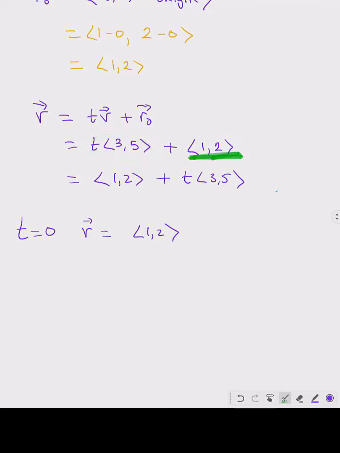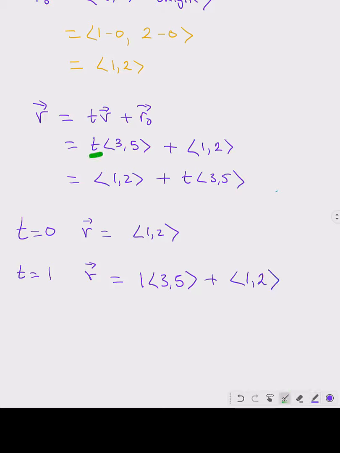If t is equal to 1, and this is the version I use, again, I choose to run from one point to the second point from 0 to 1, I would have 1 times 3 comma 5 plus 1 comma 2.